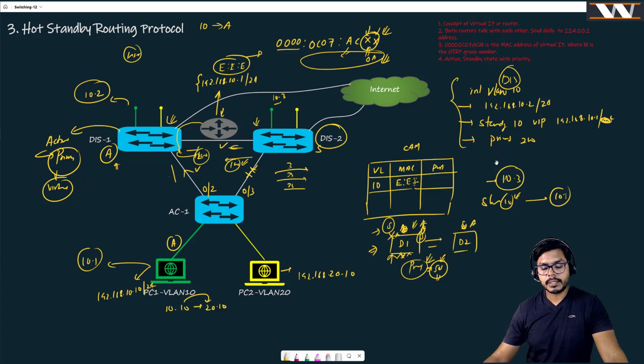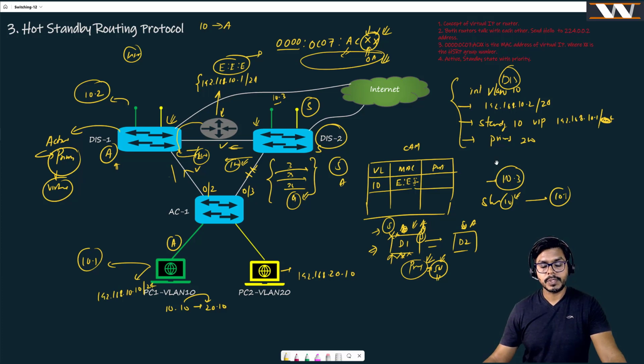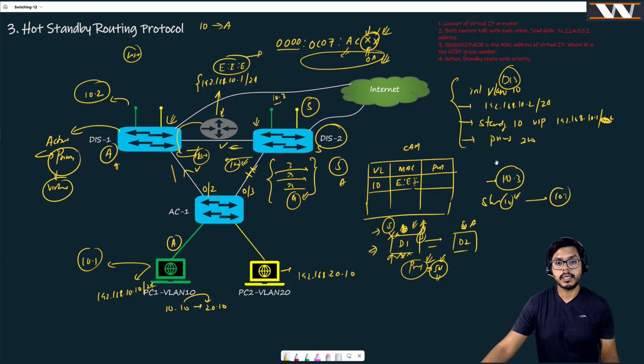And if we miss 3 consecutive messages, then my standby becomes the active, right? So under normal conditions, if you do not change the timer values, then 9 seconds is the time period for which this standby switch has to wait before becoming active. Until it misses 3 hellos, it is not going to be active.